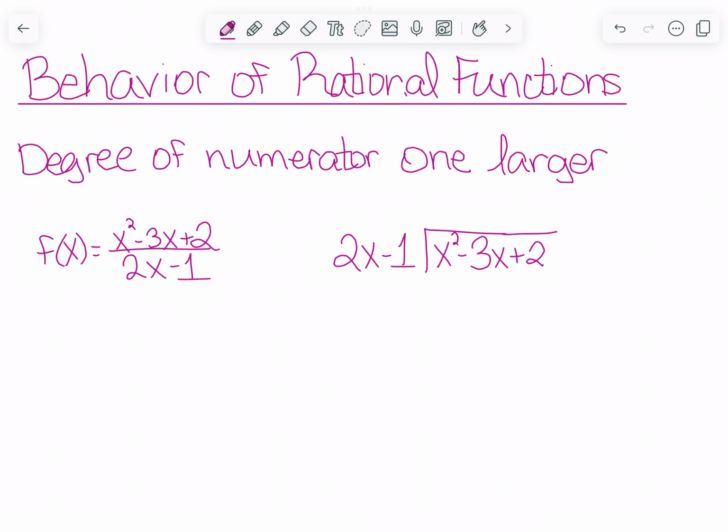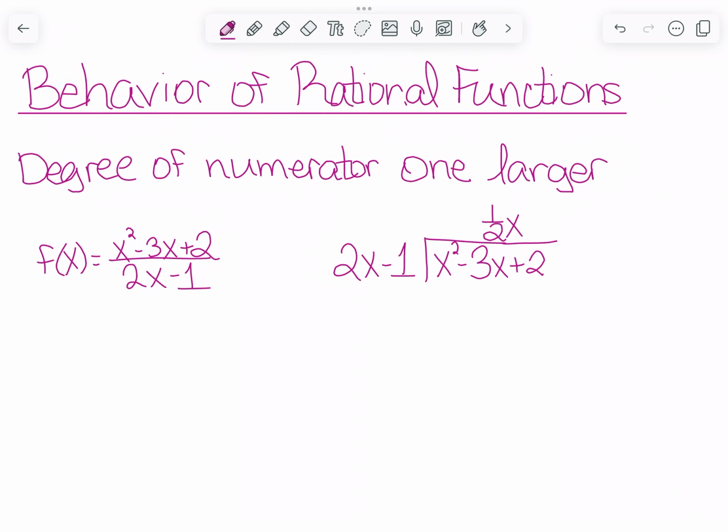That would be 1/2 x, so we write that at the top. Then we multiply, subtract, and bring the next number down. Multiplying would give us x squared minus 1/2 x. Move our negative sign all the way through. That would give us negative 5/2 x, and then we bring down the 2.